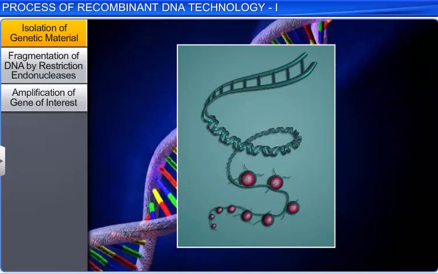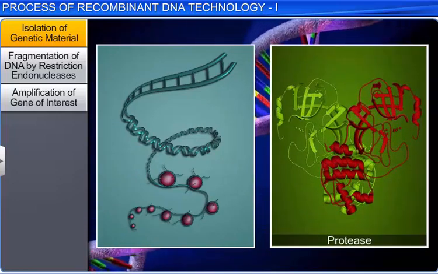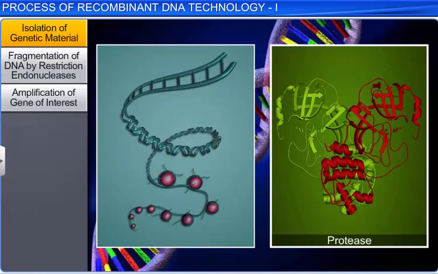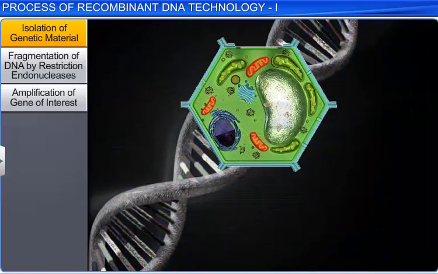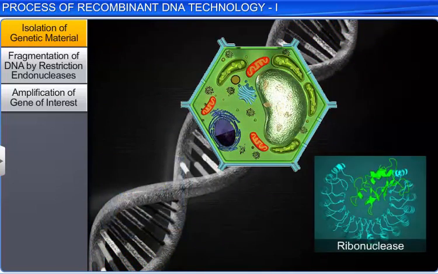These proteins can be removed by treating them with protease, an enzyme used to break down proteins. On the other hand, RNA can be removed by treating it with ribonuclease. Similarly, other molecules can be removed using specific treatments.